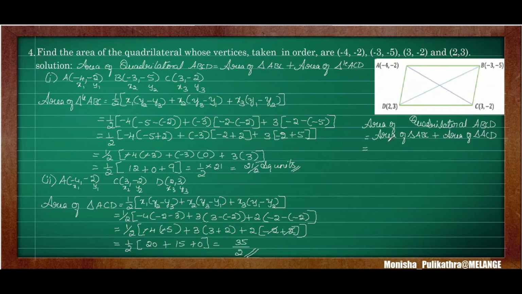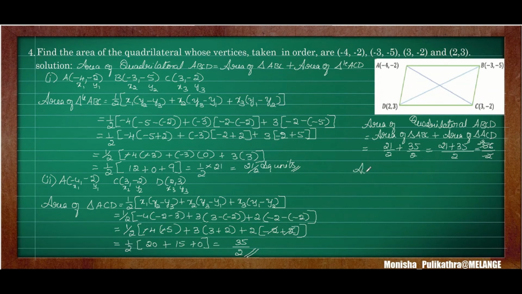So area of triangle ABC is 21 by 2 and area of triangle ACD is 35 by 2. So here the denominator is the same, 2. If the denominator is the same, then the numerator will be written as it is. So it is 56 by 2. So 2 2s are 4, 2 8s are 16.